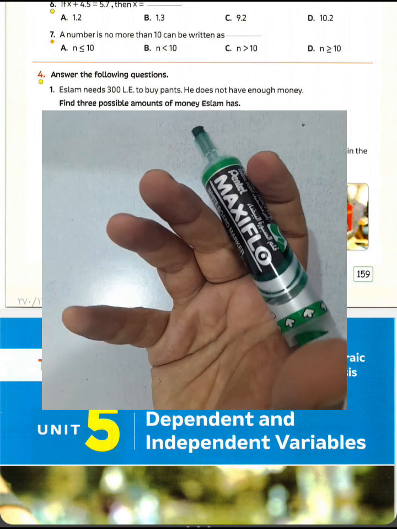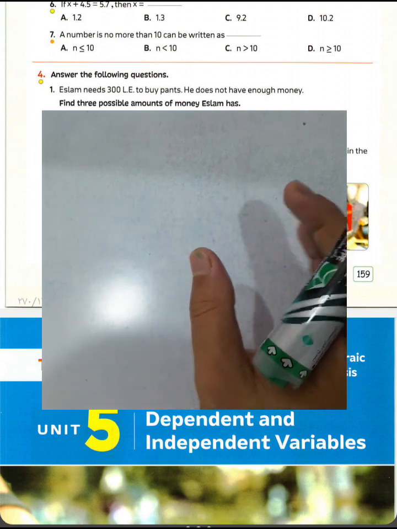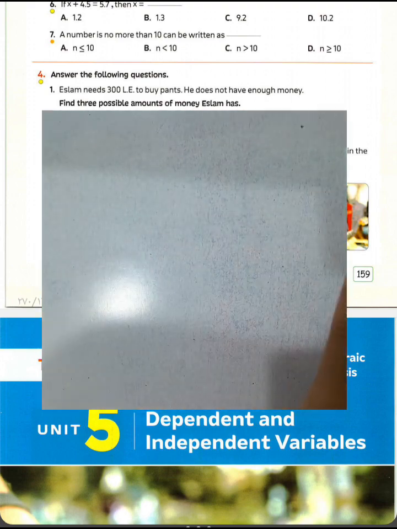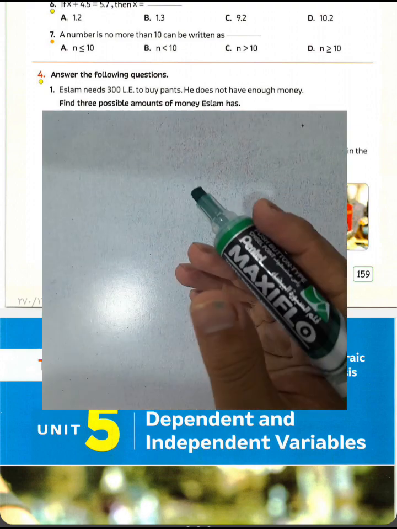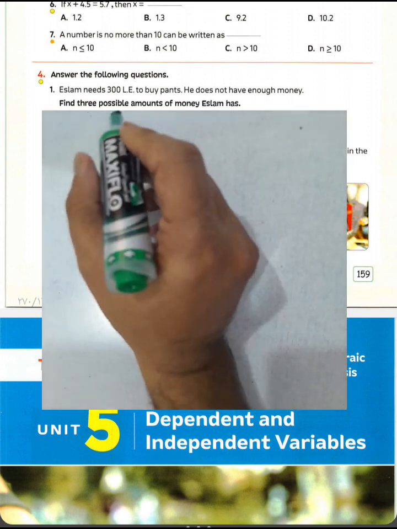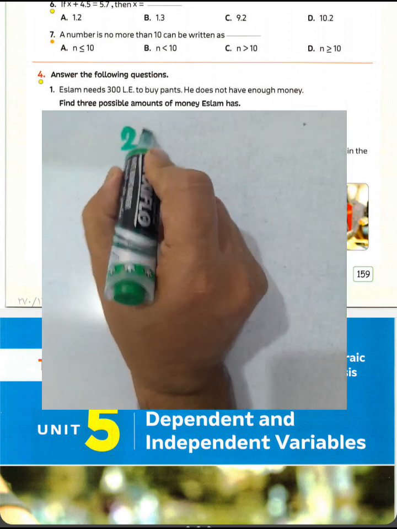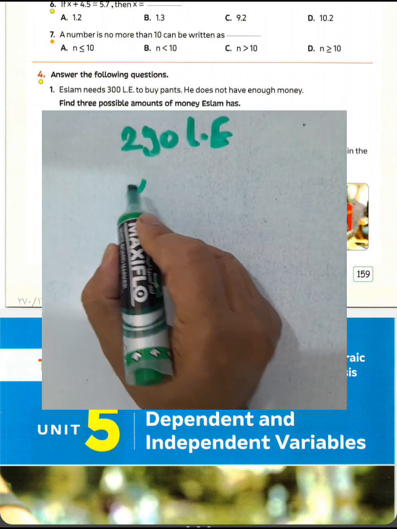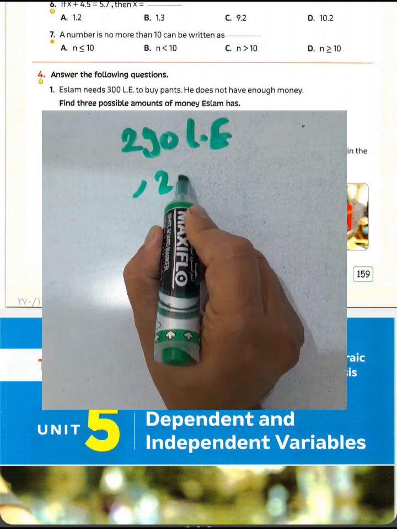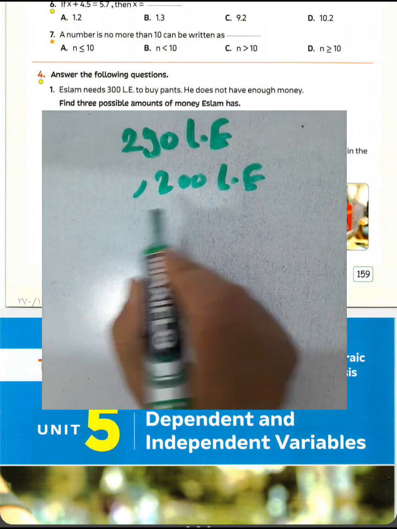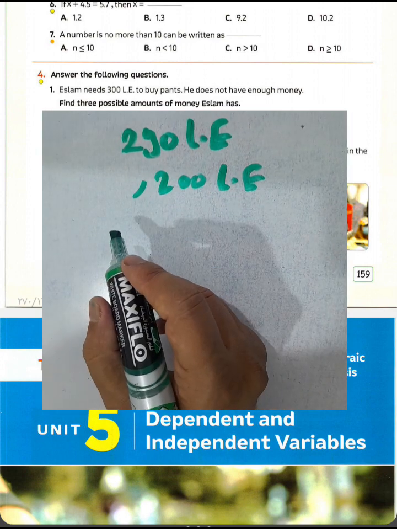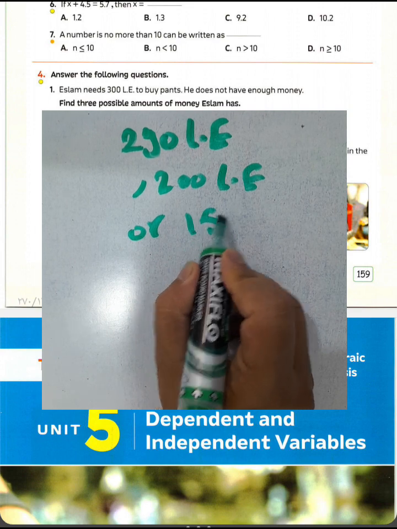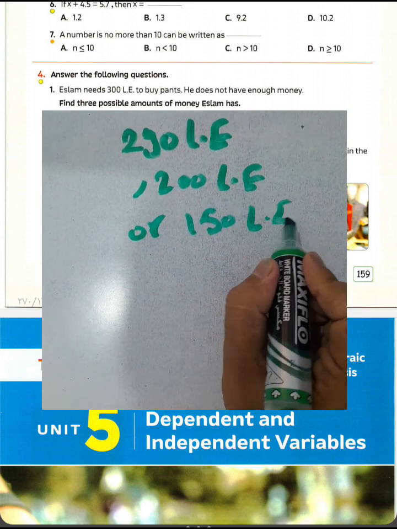He doesn't have enough money, so you can choose any number less than 300 lira, such as 290 Egyptian lira, or you can write 200 Egyptian lira, any number less than 300, or you can write 150 Egyptian lira.